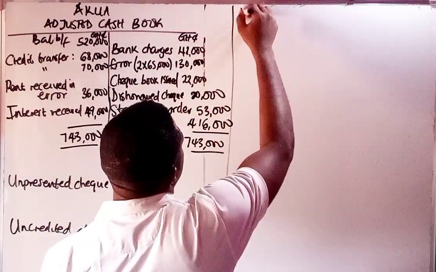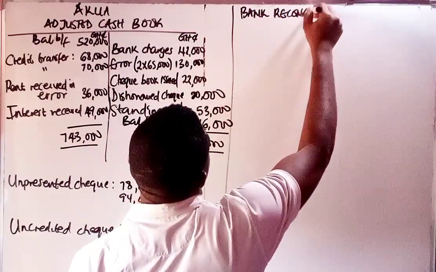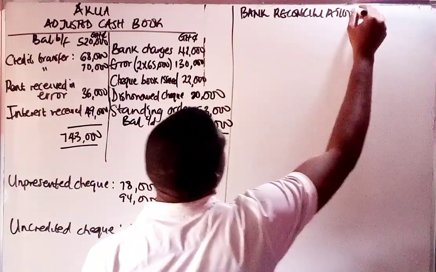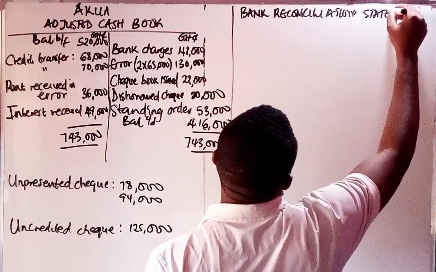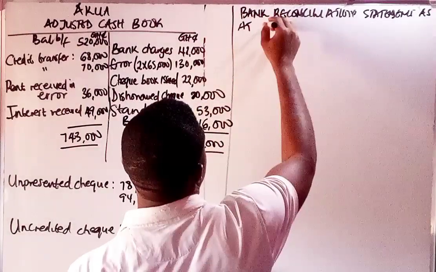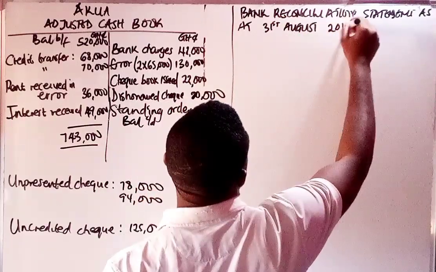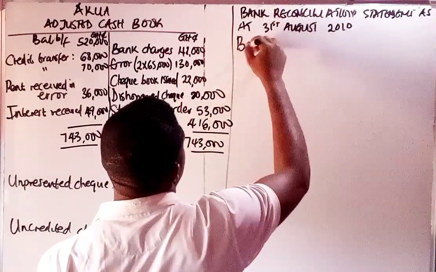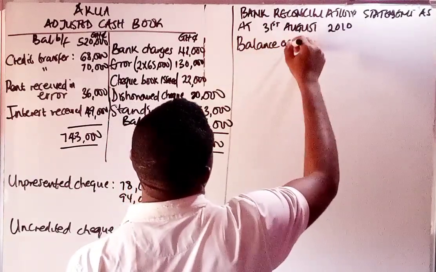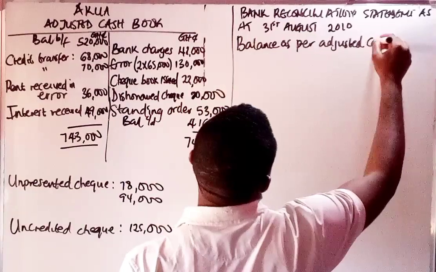So we'll now have what we'll call the bank reconciliation statement as at 31st August 2010. So we'll have balance as per adjusted cash book.